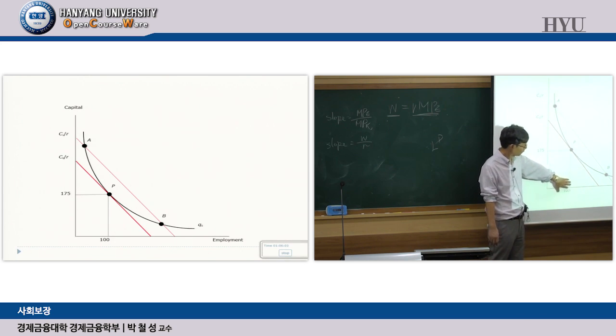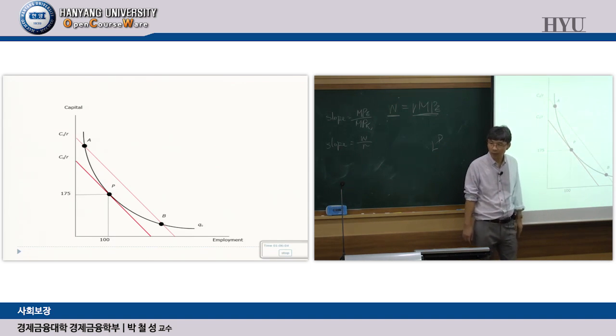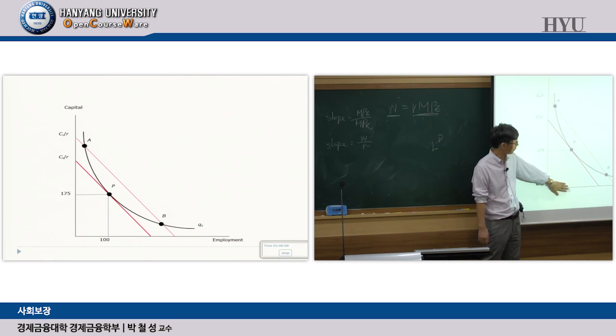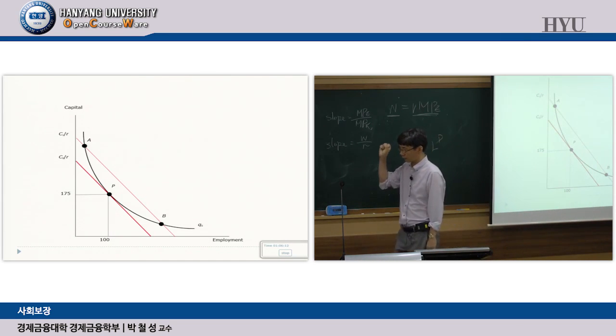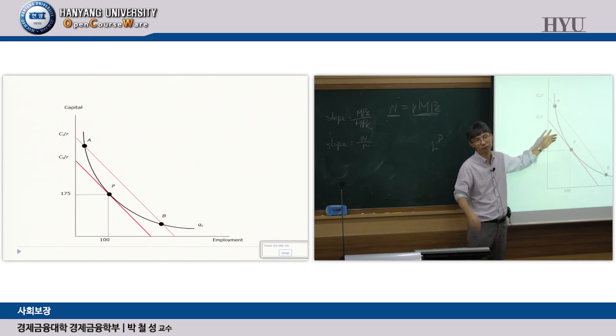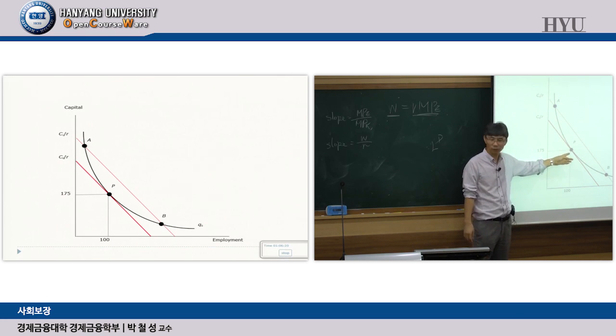So this labor demand will depend on, given you have the isoquant curve, two things.